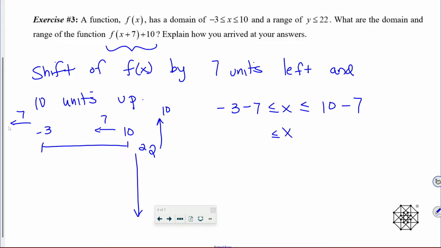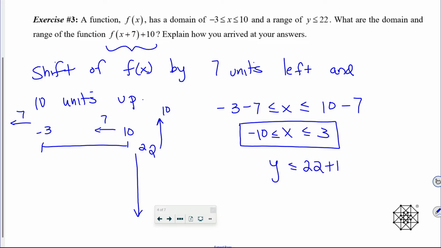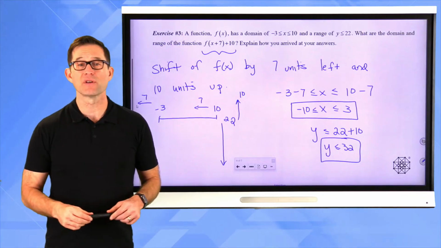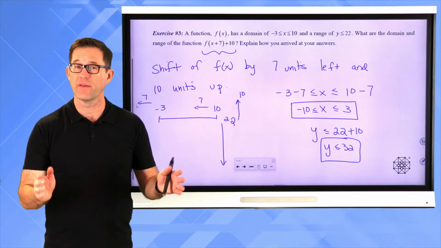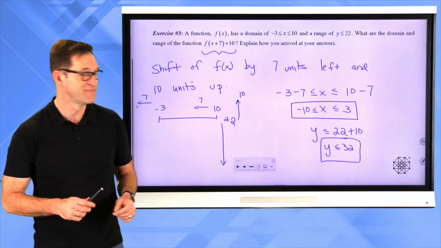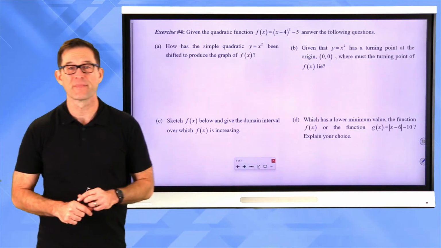So that is going to be x is greater than or equal to negative 10, less than or equal to 3. That's our new domain. And our new range is going to be y less than or equal to 22 plus 10, or y is less than or equal to 32. The box within which the function lives just gets shifted the way that the function does as well. Makes sense, right? All right, let's keep working on it.